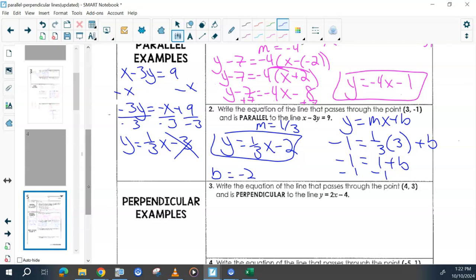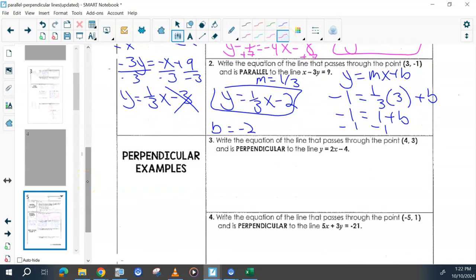So now we're going to do the exact same thing but with perpendicular. So in number 3, this is in slope-intercept form. I'm going to cross out that y-intercept again because we don't need it. But before I start the work, I have to change the slope so that it's the negative reciprocal version of this.